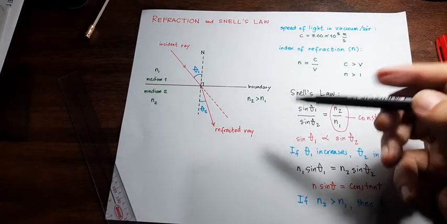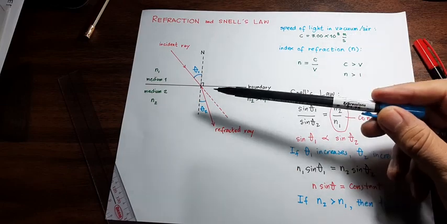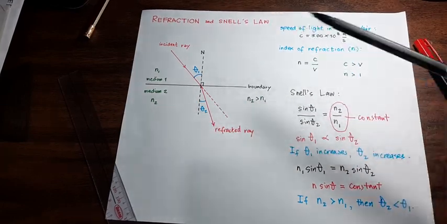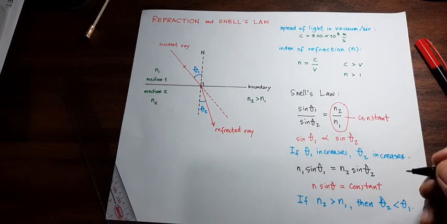As we can see here, because N2 is greater than N1, then angle 2 is less than angle 1, and vice versa. Now, we will be using Snell's law in solving problems on refraction, and also in the next video, which is about total internal reflection and the critical angle.